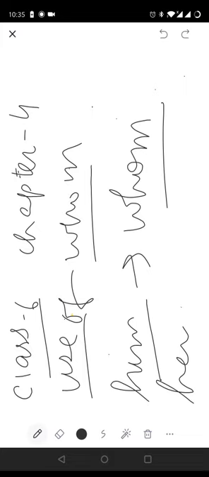If the noun is a living thing, a living person, we use who and whom. Basically, don't go for Hindi words. Just try to understand the line or the example.